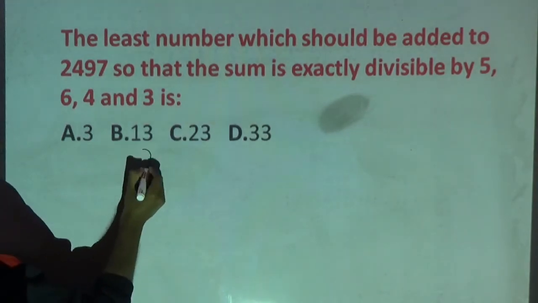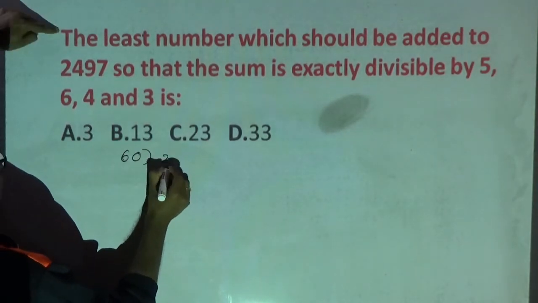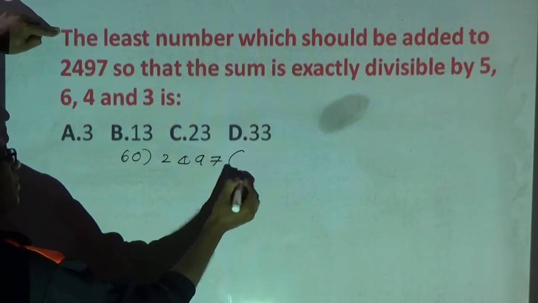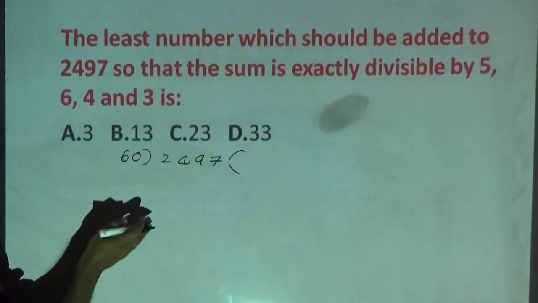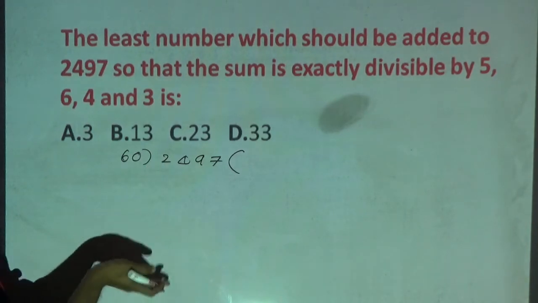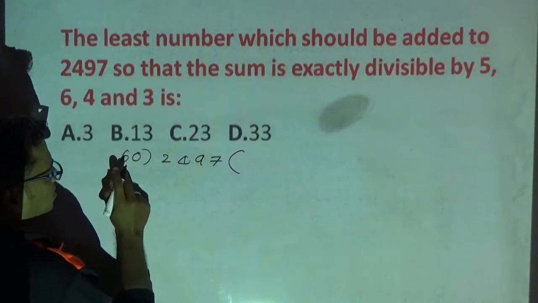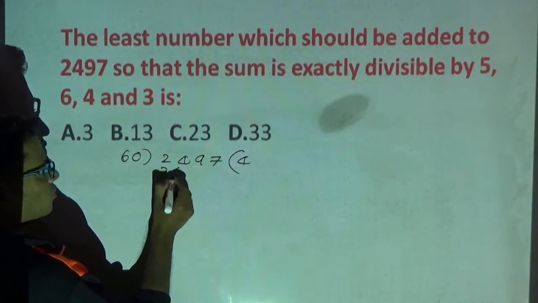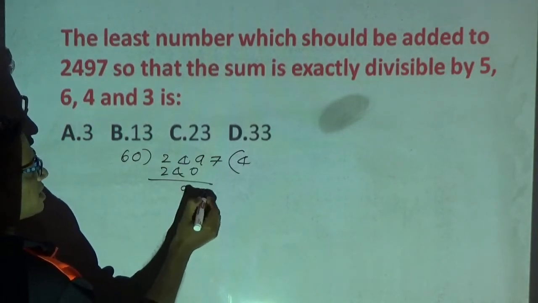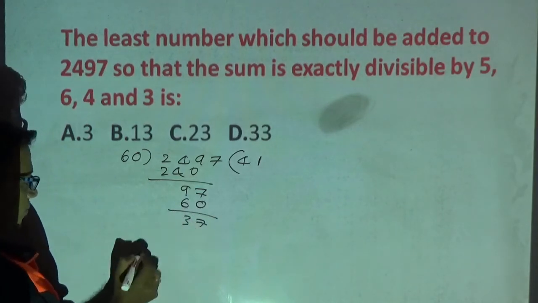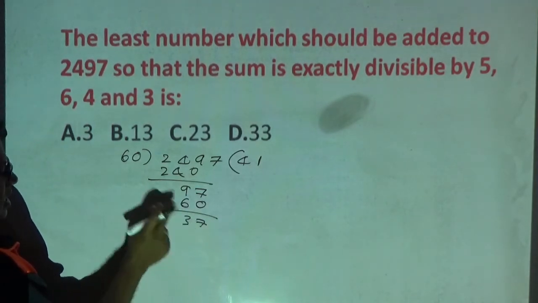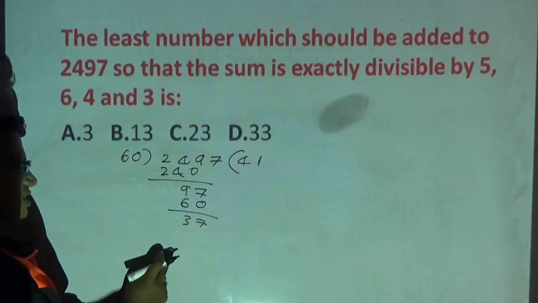Okay. Now, if you divide the number 2497 by 60, this is not completely divisible. But if I add something, then it will be completely divisible. Let me check what I have to add now. 4 times 6 is 24, therefore 240. Then 97 is left out. 1 times 60 is 60. 37 is left out. Now, instead of 37 here, if I add to make 60, again I can divide.